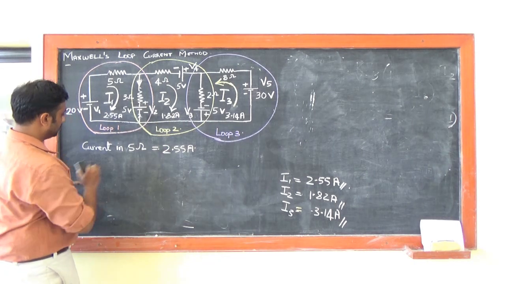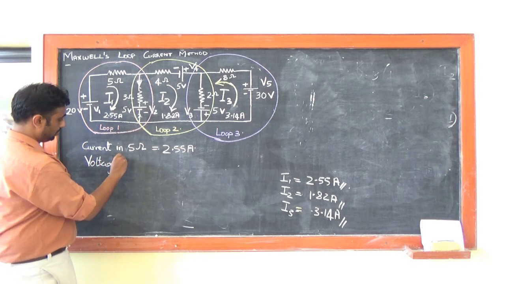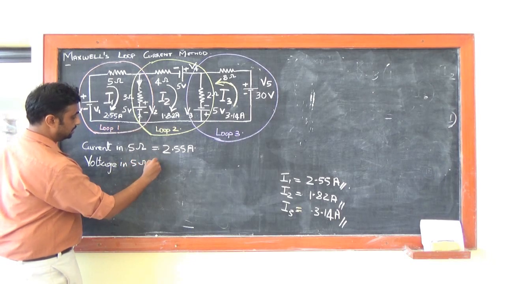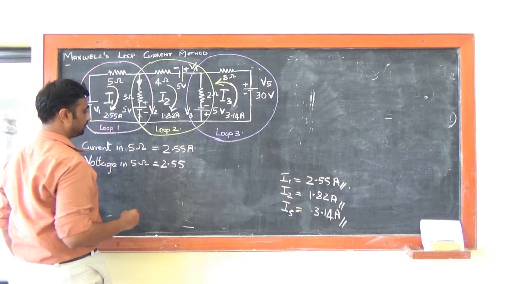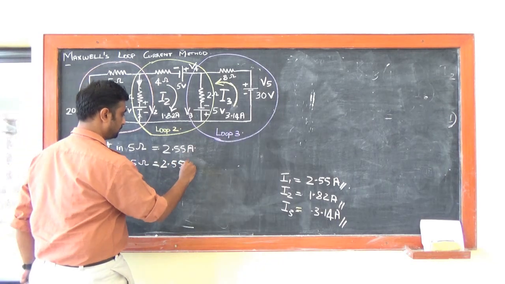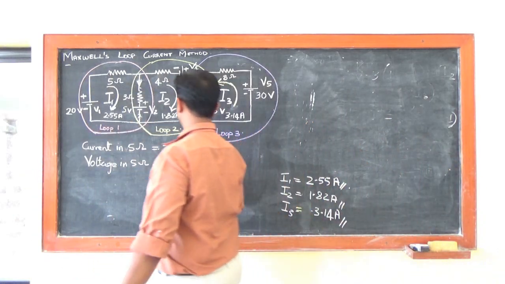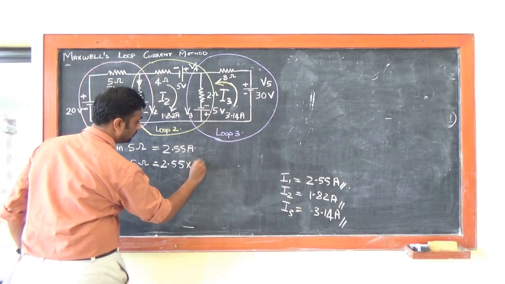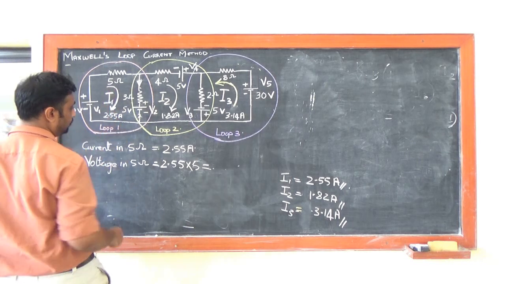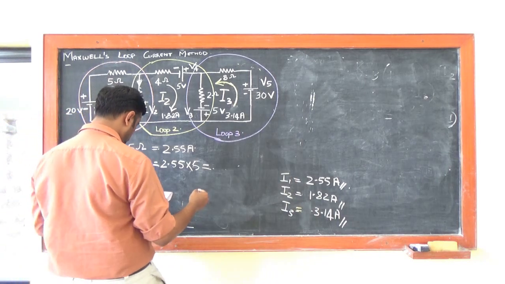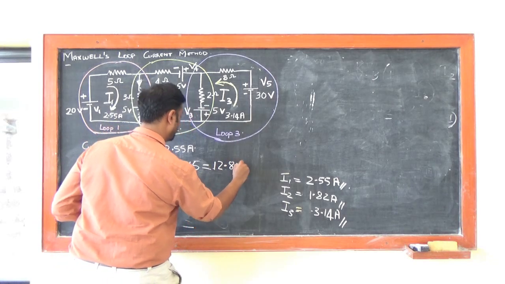So the voltage in the 5 ohms resistor will be 2.55 amps into 5 ohms, which is equal to 12.8 volts.